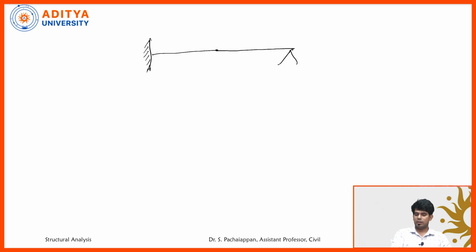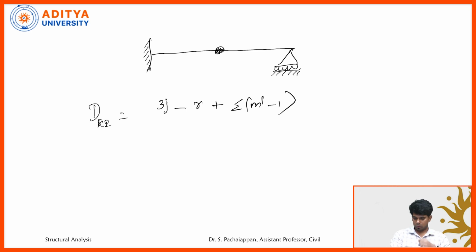Let's discuss one more problem. Let's have a propped cantilever with an internal hinge at the center. Let's quickly calculate this problem. The formula is degree of kinematic indeterminacy equals 3j minus r plus summation of (m dash minus 1). So 3 times j. This is joint 1, joint 2, joint 3.